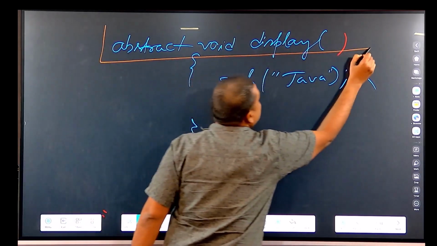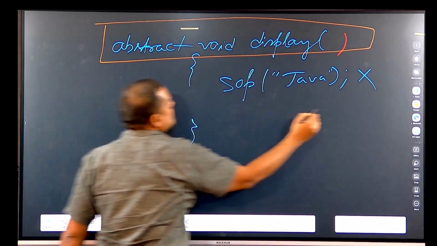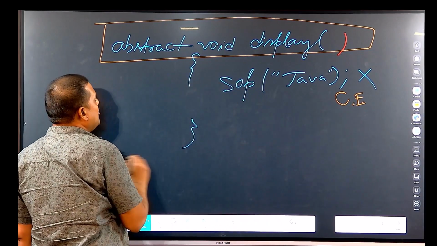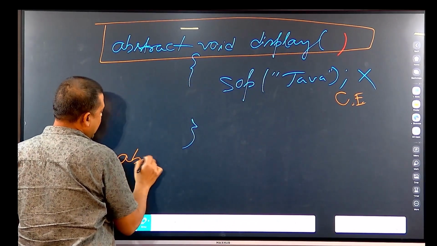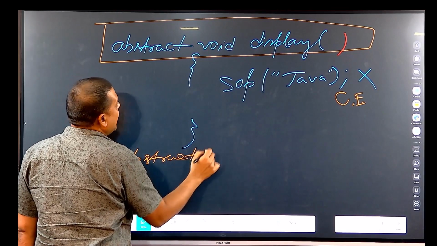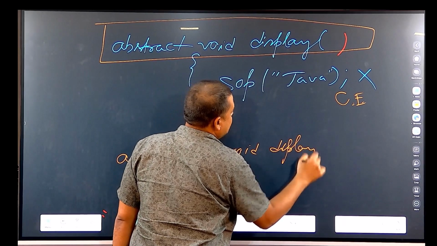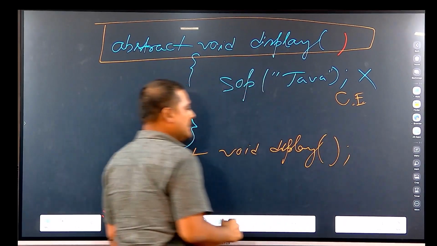So this is wrong and will throw a compilation error. To make it correct, we have to write abstract void display; that's all. This is a signature.